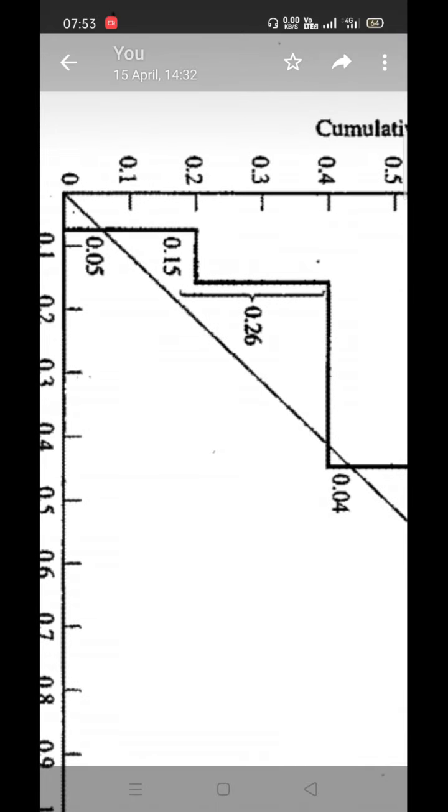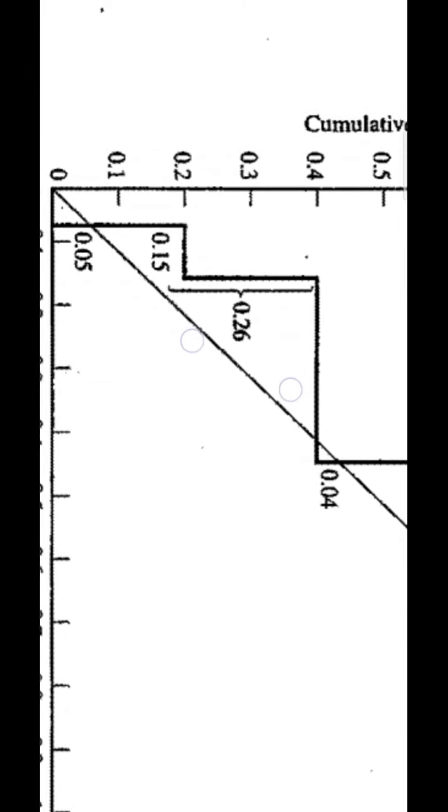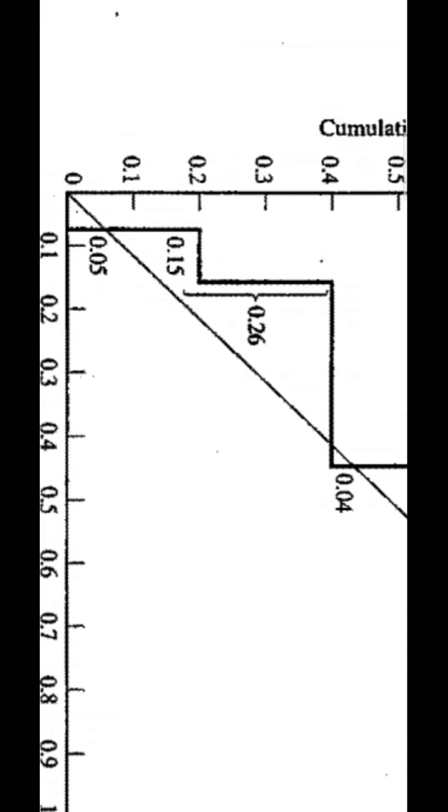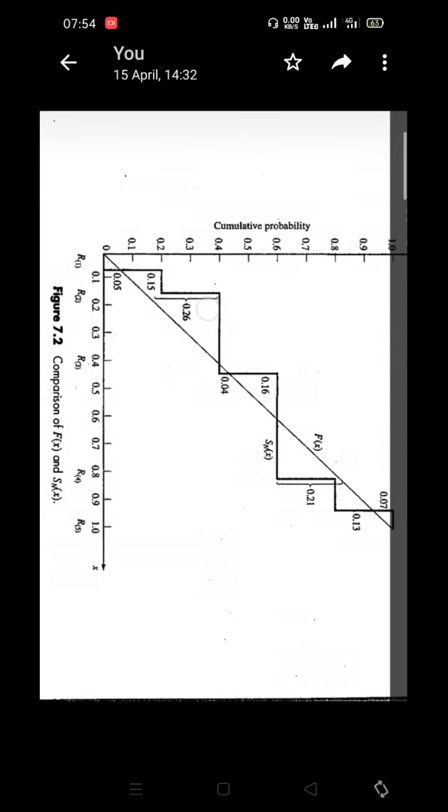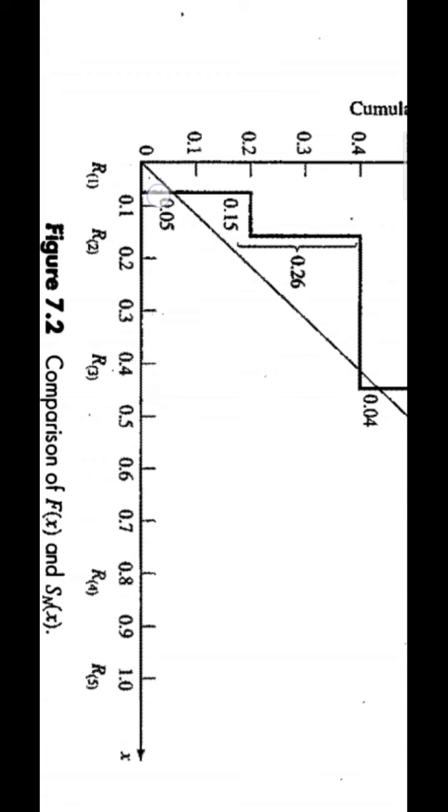Earlier, some portion of the graph you plotted falls under d plus and d minus. As per the table we have written, the d plus value obtained was 0.15, this portion. D plus is the positive half, and the negative half is what falls below the line which you are going to plot from the origin, d minus 0.05.